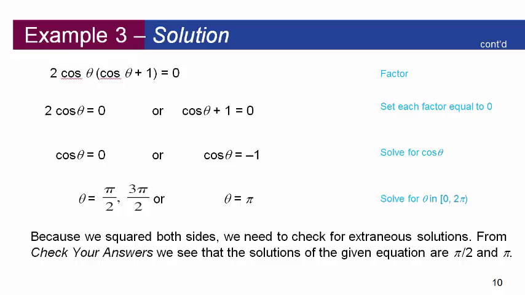Right, divide the left side by 2, so cosine equals 0. We know cosine equals 0 at pi over 2 and 3 pi over 2. On the right-hand side, we move the 1 over. Cosine has to equal minus 1. That only happens at pi when we're talking about within a full period of cosine. And then add the 2 pi, the 2k pi's, to the ends of them.